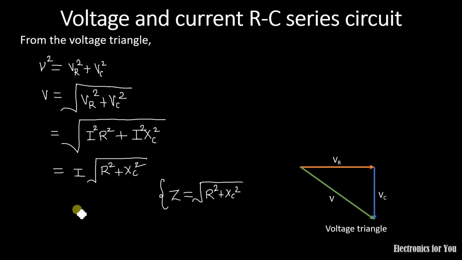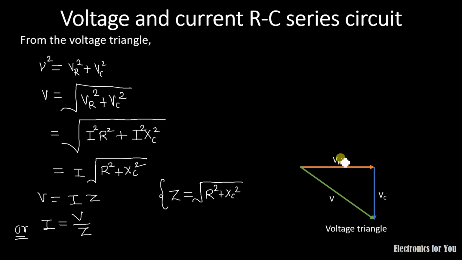And therefore the equation for the total voltage will be equal to I multiplied by Z, or the current will be given by V upon Z, where Z indicates the impedance, V indicates the total voltage, and I is the total current flowing through the circuit.